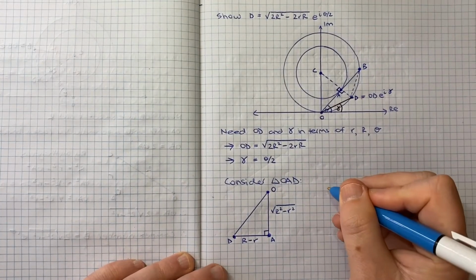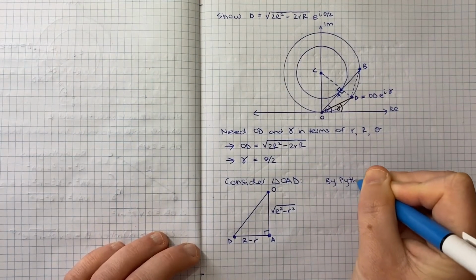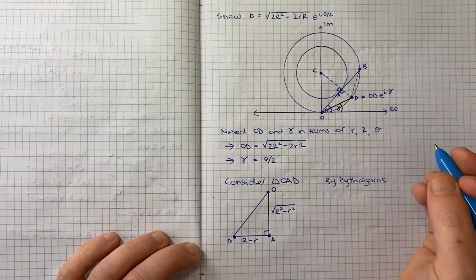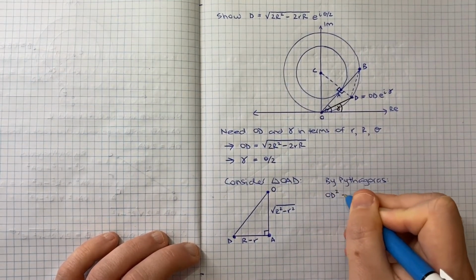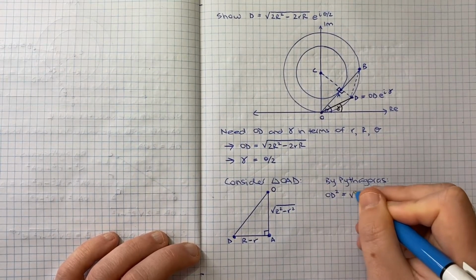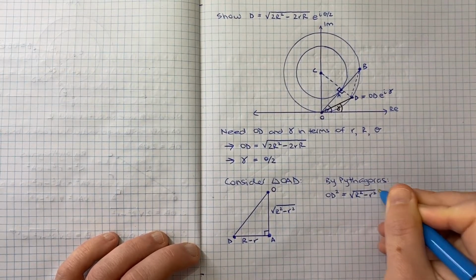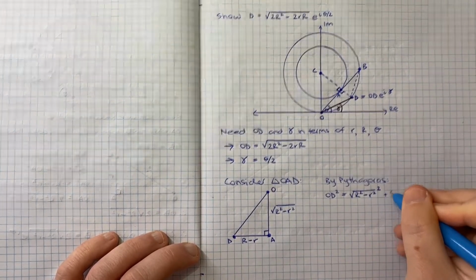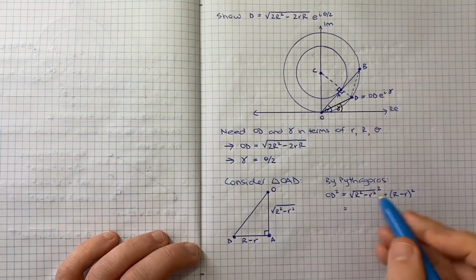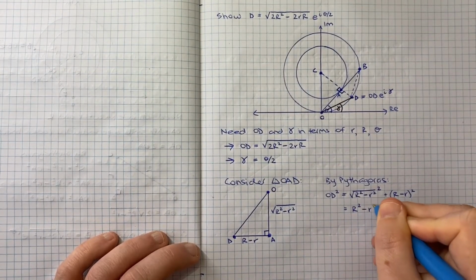So again, just like part 1, we can say by Pythagoras, and now we just apply Pythagoras' formula. So OD squared, the hypotenuse squared, will be the sum of the squares of the other two sides. So the square root of capital R squared minus lowercase r squared, all squared, plus capital R minus lowercase r, squared. This square root will disappear when we square it, so we get capital R squared minus lowercase r squared.